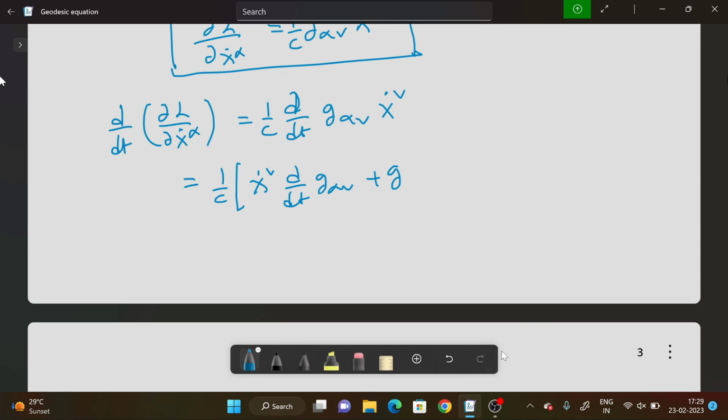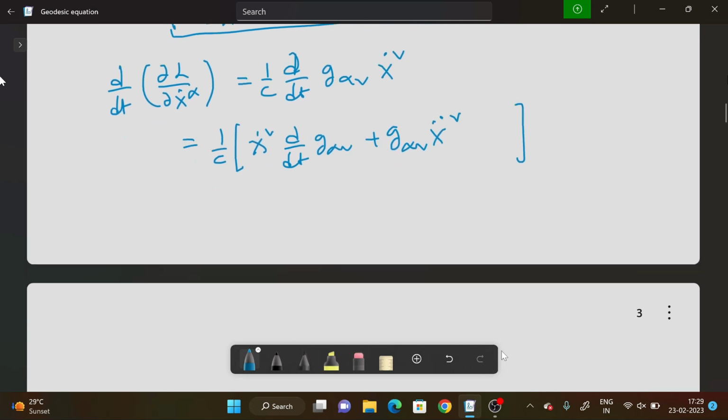This time let's leave the metric tensor alone, and we'll have the time derivative of x double dot nu. Well, this thing is simple. This is just going to be x double dot nu. It's going to be the acceleration, right? So I can replace this thing and I can write it as x double dot nu.